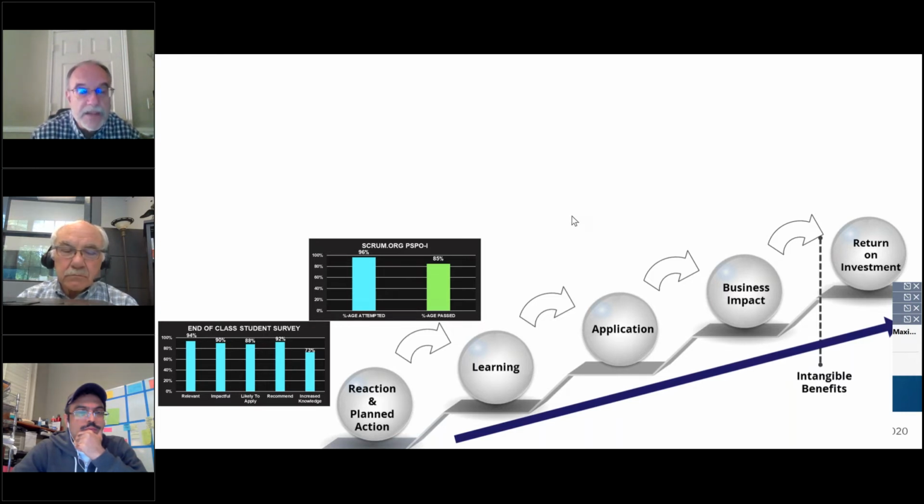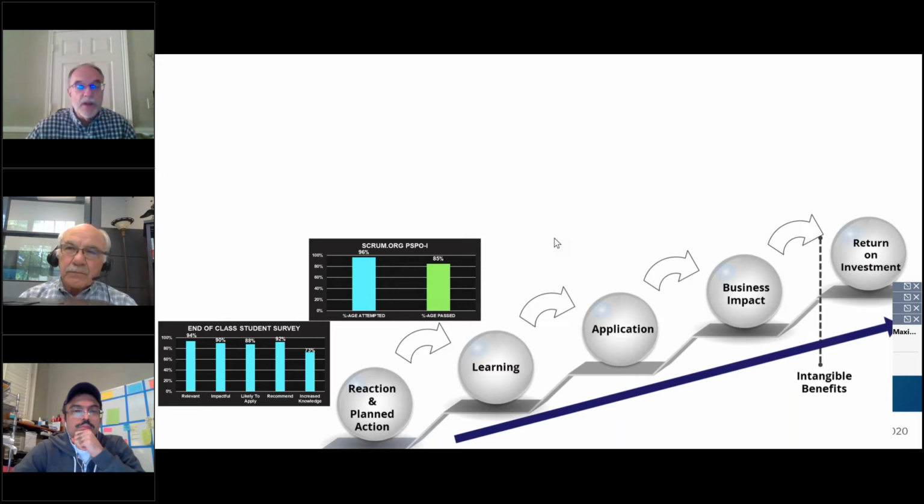So in this case, because part of the pre-class agreement was that if they took the class, they were going to do the assessment, we had 96% of the people who took the class attempted the assessment, and 85% passed. Now, as you saw in one of the previous slides, we had some Scrum Masters, we had some BAs.